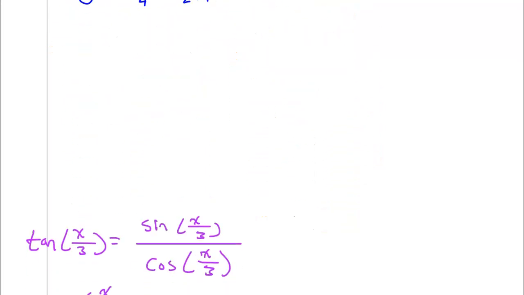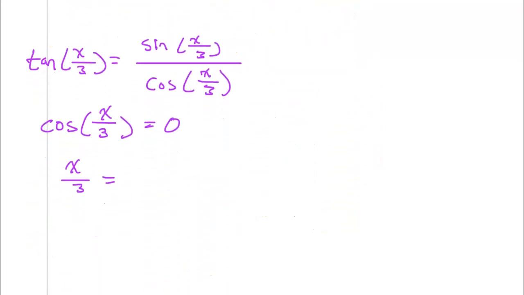So we're just going to do the one solution at pi over 2, and then we add multiples of pi. So we add pi k, where k is any integer. We just need to do a tiny bit of algebra to get x by itself. So we are going to multiply everything by 3, here, here, and here.